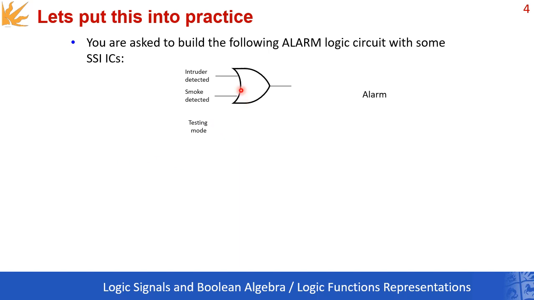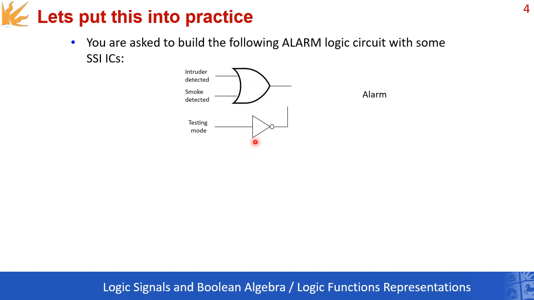Obviously, you want the alarm to start making a sound when you got at least either of these two being true. So the only thing that you need is an intruder to be detected or smoke to be detected. Or if you are that unlucky and you have installed in your house such an alarm system, there is both smoke and some intruder. So as you can see here, it's very easy to understand, we've got an OR gate.